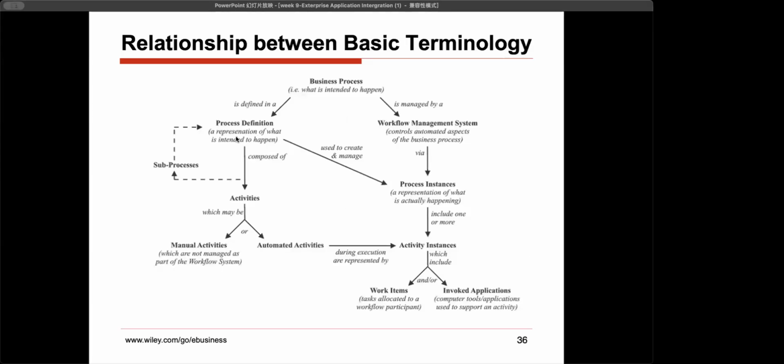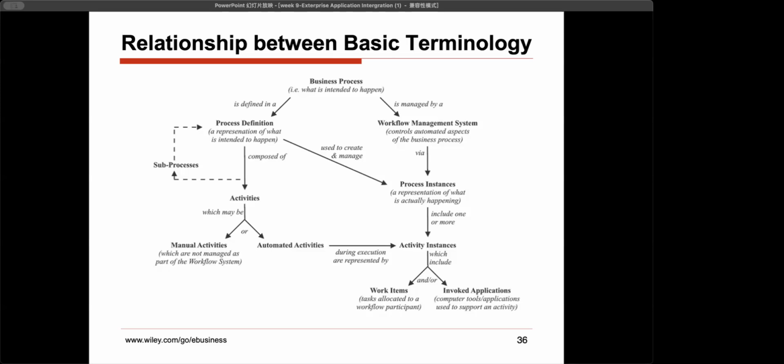So here is the basic relationship between basic terminologies. For the business process, if you look at the right part, it controls the automated aspect of the business process.